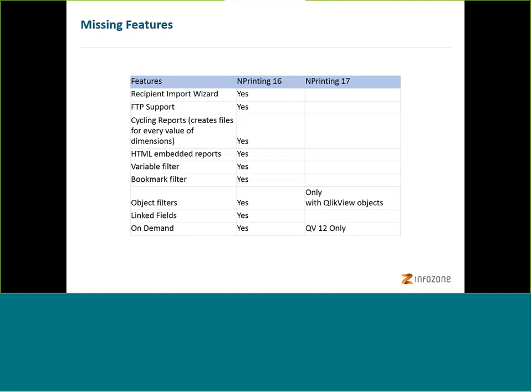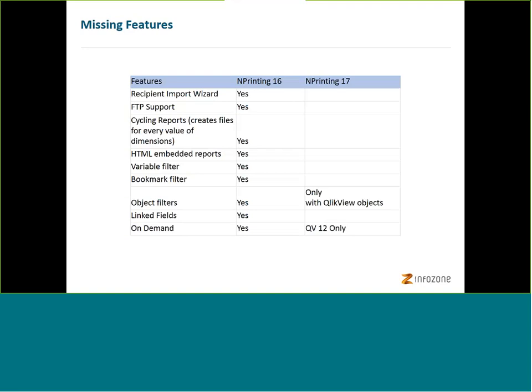Last slide remaining for NPrinting in 16 and 17 comparisons. But just two things I want to point out that they still haven't included: cycling reports, which I've used in a project before. This allows you to cycle through a field. Let's say it had 100 sales reps, and I need a report for every sales rep generated.